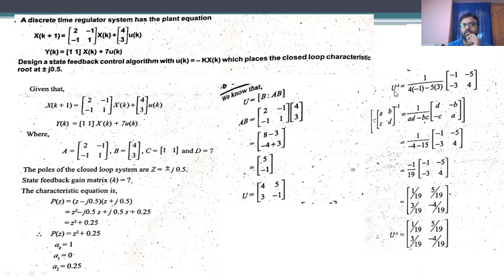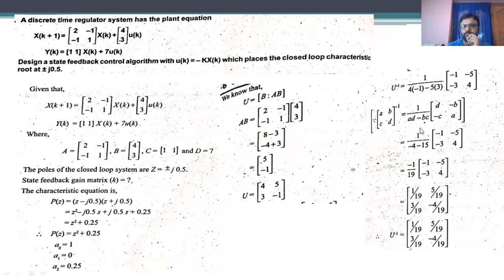The inverse of the controllability matrix, U inverse, is equal to 1 divided by the determinant of this matrix, that is 4 into minus 1 minus 5 into 3, times the matrix in which 4 and minus 1 are interchanged in position and the signs of the other elements are changed.